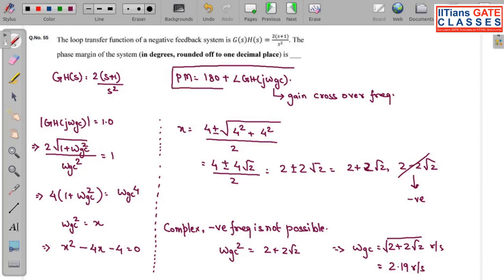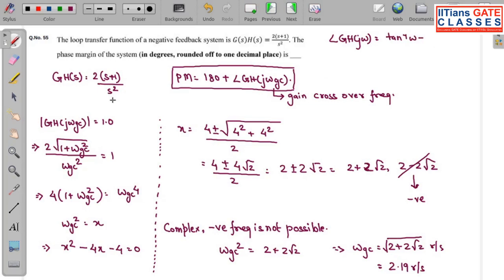First let me calculate the phase. What is the phase of a real number? This 2 is a real number, so it is obviously 0. For the term j omega plus 1, it will be tan inverse of omega.